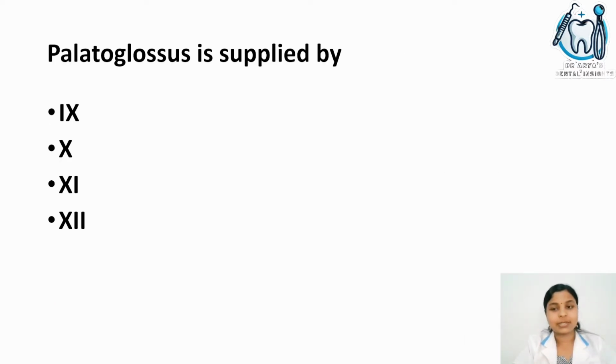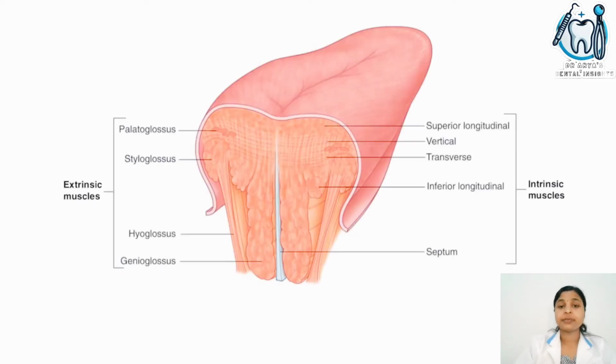Coming to the next question: palatoglossus is supplied by which nerve? It is a muscle of the tongue. The options are 9, 10, 11 and 12. Which is correct? This is the picture showing muscles of the tongue. There are extrinsic muscles and intrinsic muscles.